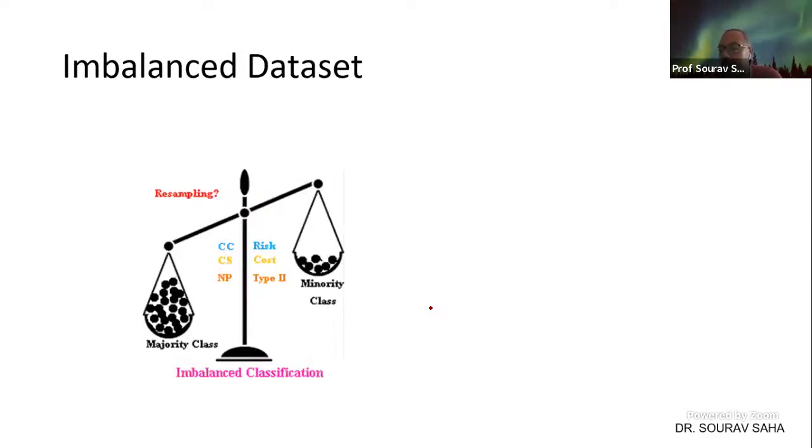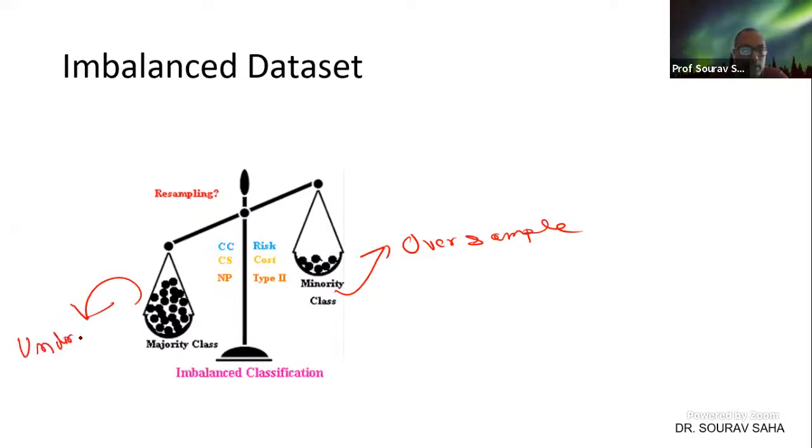And I think this is the last topic that we covered in the last class, which is the imbalanced data set. What you do with the imbalanced data set, I told you, is that you either undersample the majority class or oversample the minority class.